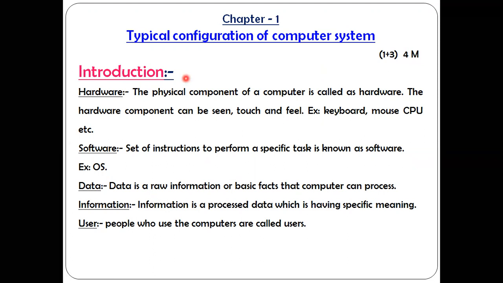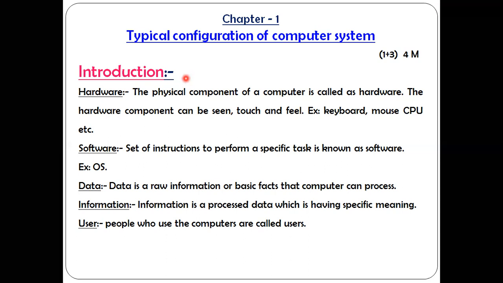and user. We just recall those definitions which we have discussed in the last year also, in the first year beginning. So what do you mean by the term called as hardware? Hardware. The physical component of a computer is called as hardware, where you can feel, where you can see, where you can touch those devices.